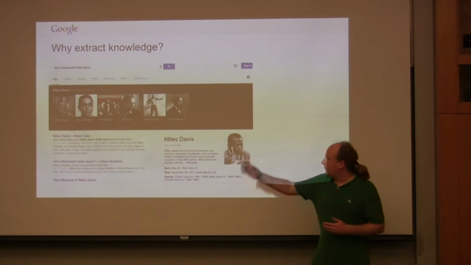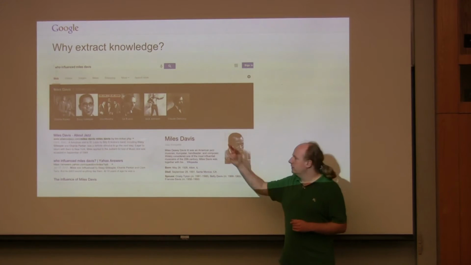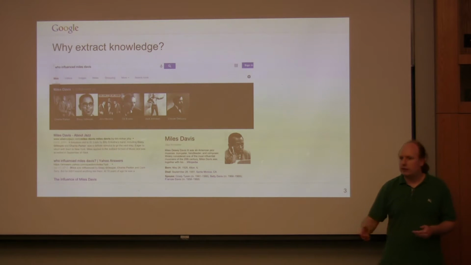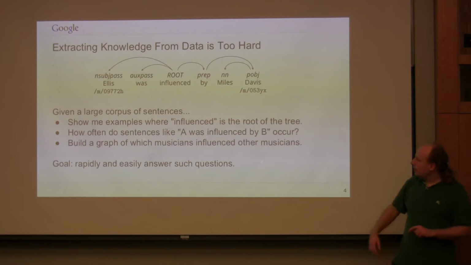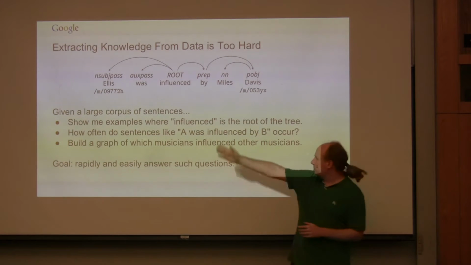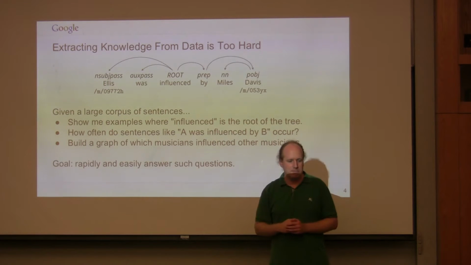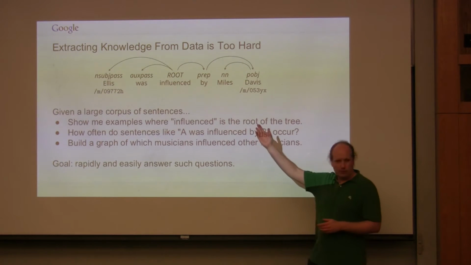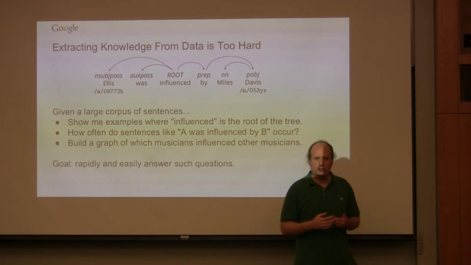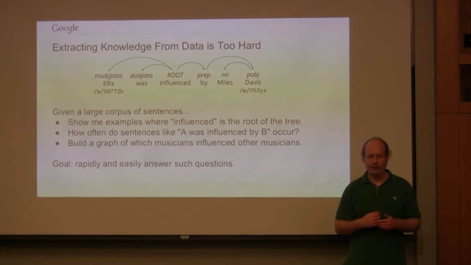So how do we get this information? How do we know who influenced Miles Davis? Well, the answer is fairly similar to how we used to generate these search terms. There's a large corpus of sentences, the web. If we parse them, we can create natural language parse trees, and then we can apply heuristics to it. We can search for sentences that contain the word influence.